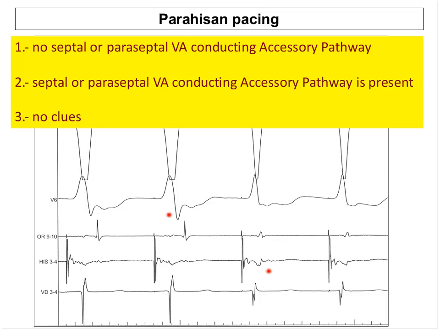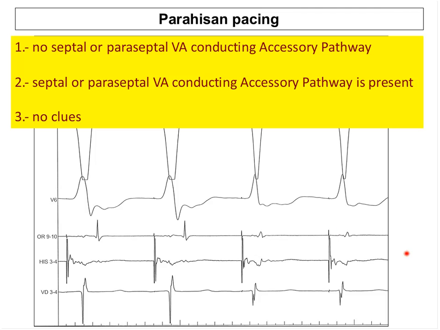I agree absolutely, because as you can see, the VA interval, just by looking at it, we can tell that this is much longer than this. Actually, the difference should be related to the VH interval, since if we capture the His directly, then this will shorten by as much as the VH interval. So having a septal or paraseptal ventricular accessory pathway is not suggested. What this actually proves is that there is conduction over the AV node.